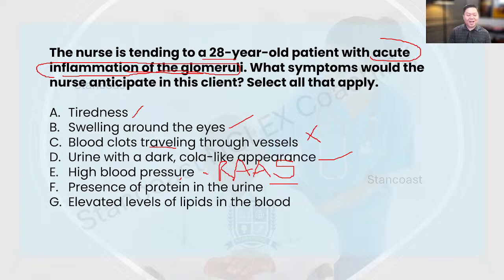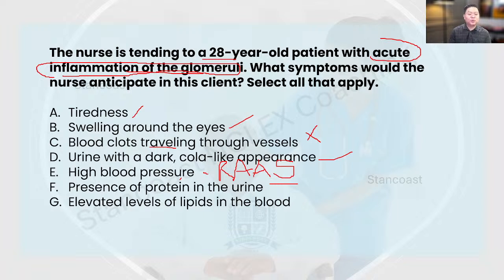And so this is not a characteristic assessment finding in the glomerulonephritis. This is more associated with the nephrotic syndrome. And again, because the liver is responsible for synthesizing more lipids, thus causing the hypertriglyceridemia.